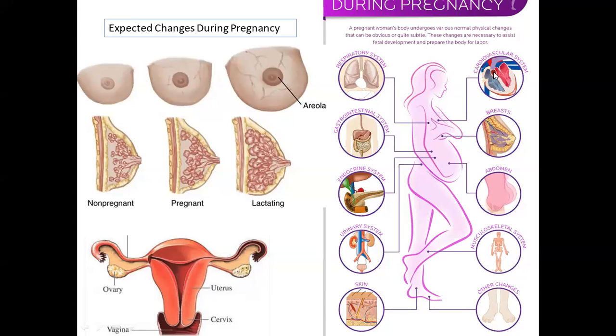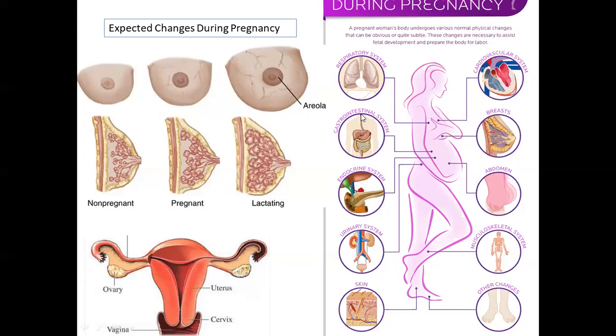So cardiovascular changes usually include an increase in cardiac output, blood volume increases 30 to 45%, and heart rate increases. Respiratory system, basically oxygen need increases, lung capacity decreases, and respiratory rate increases.